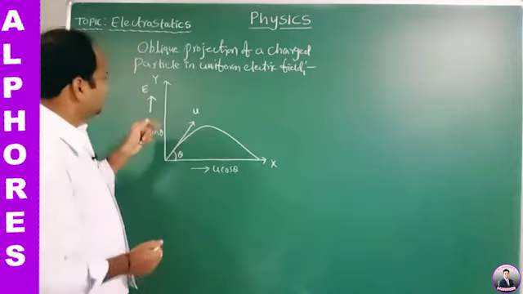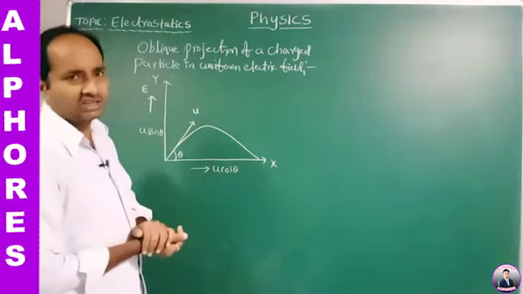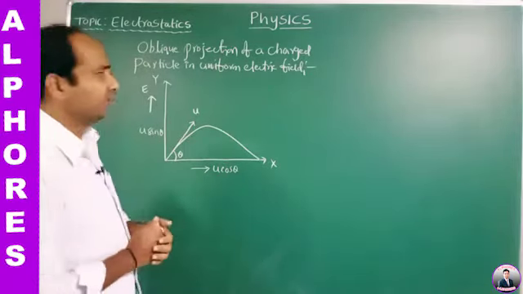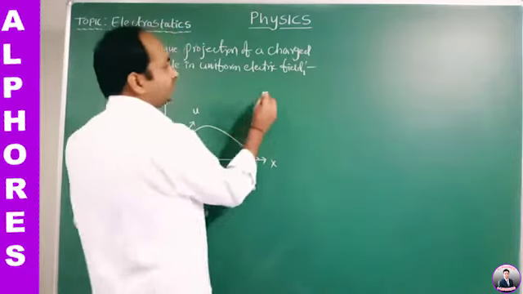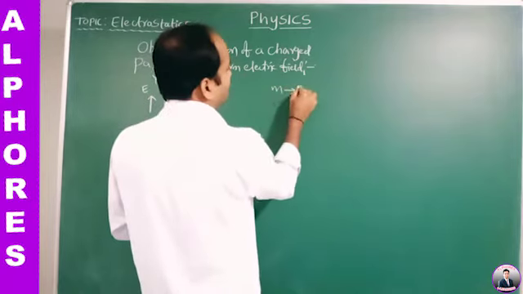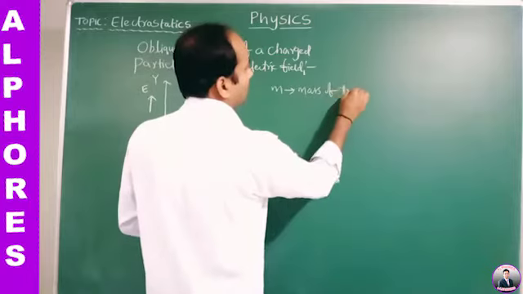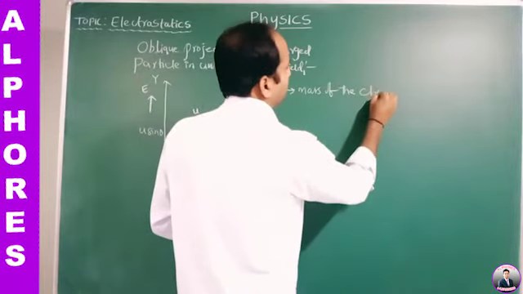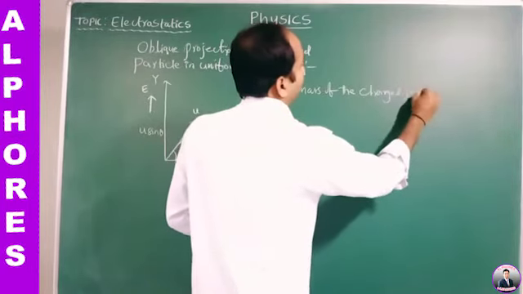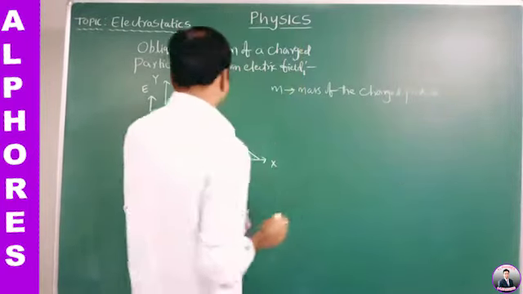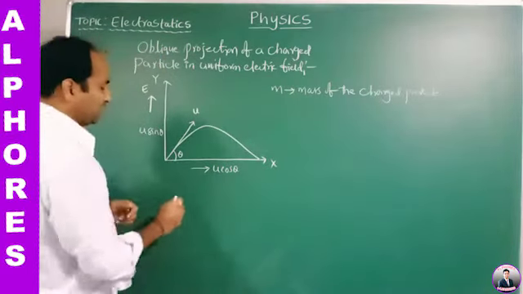Listen here. Now the force is along the downwards direction. Let us take m as the mass of the charged particle. What is the initial velocity vector of the charged particle?